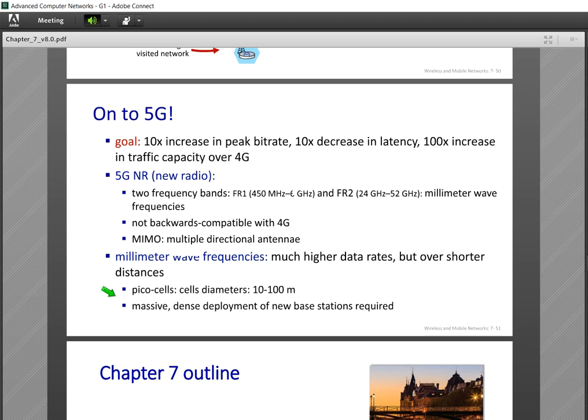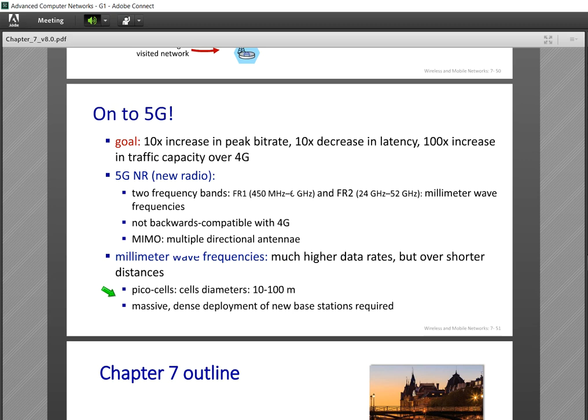We have too many small cells, so we need too much infrastructure, a dense, massive deployment, which is costly. So we have to pay a lot, a big cost.